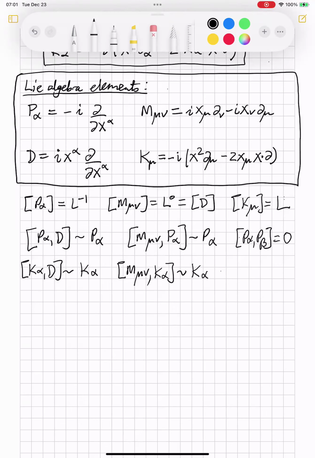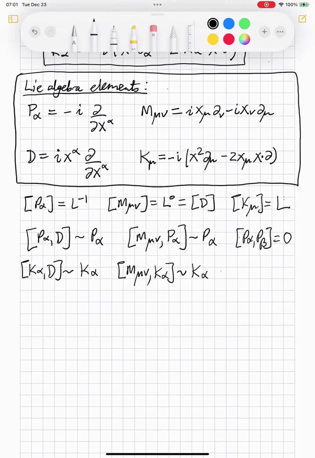For these M mu nu commutators, the right-hand side is obviously wrong because it doesn't have the right indices appearing. So we must have some extra thing with more indices, and that's going to be eta mu nu. We'll see that the Minkowski metric starts to appear on the right-hand side, and it'll fix up where all of the indices go.